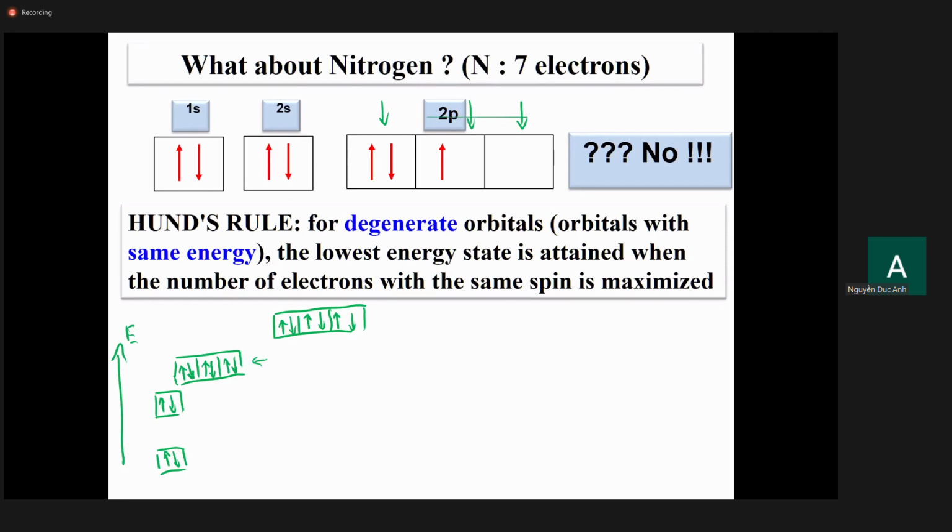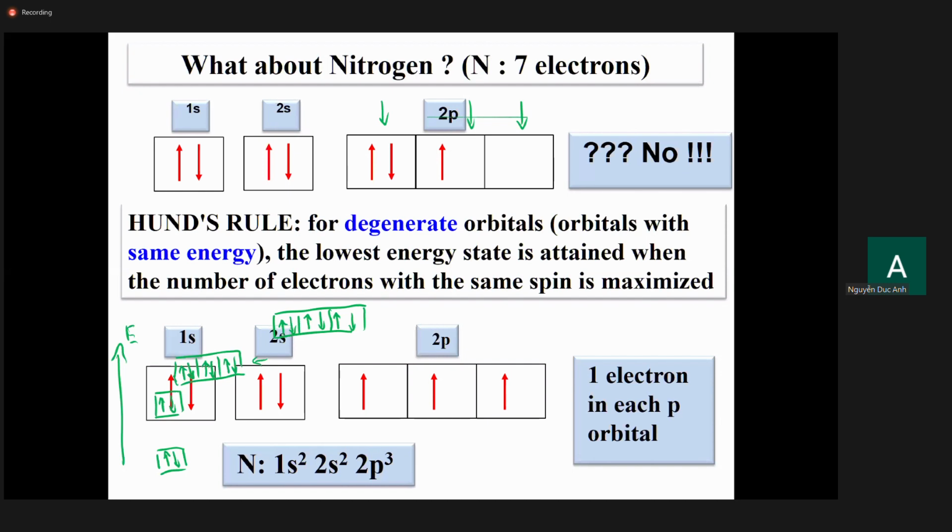So as you see, 1, 2, 3 electrons will jump here for the structure of nitrogen, and then you can write down the electron configuration of nitrogen: 1s2, 2 electrons, 2s2, and 2p3.